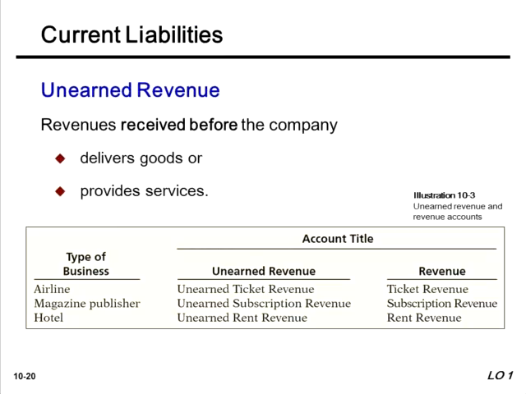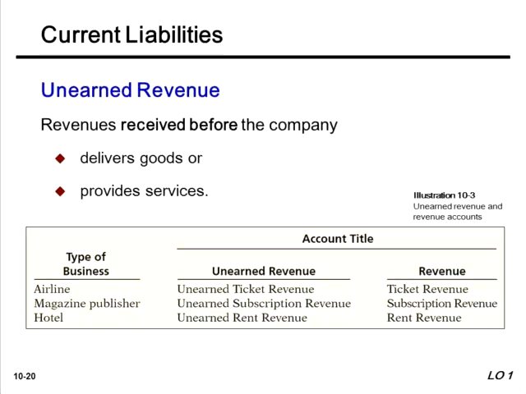I had mentioned unearned revenue when we were looking at the slide that provided the definition of liabilities. For unearned revenue, what happens here is that the company receives cash from customers before they do anything for the customers, before they provide a service or deliver goods.